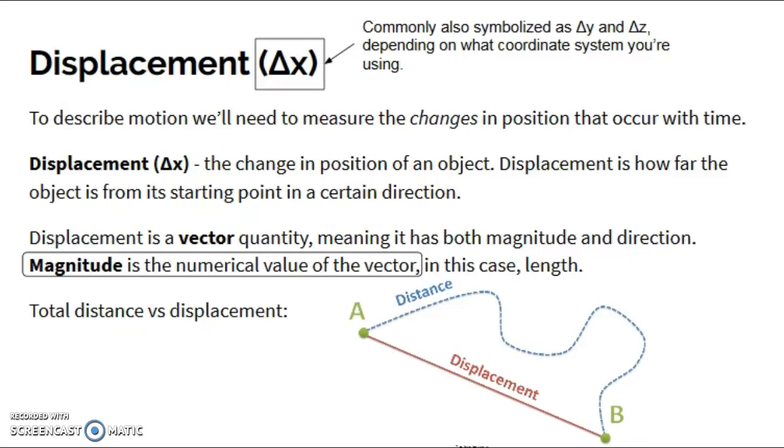Whereas distance is however long it takes to get from point A to point B. So for example, if we have a person walking on a path and they actually take this blue dotted line that's labeled distance here, and we were to measure how long that took in terms of length, maybe that took 5 meters. The displacement of this person is the straight line distance from A to B in that certain direction. So that person's displacement is going to be smaller than the distance they actually traveled. We'll be working with a lab to help us develop this idea in class.